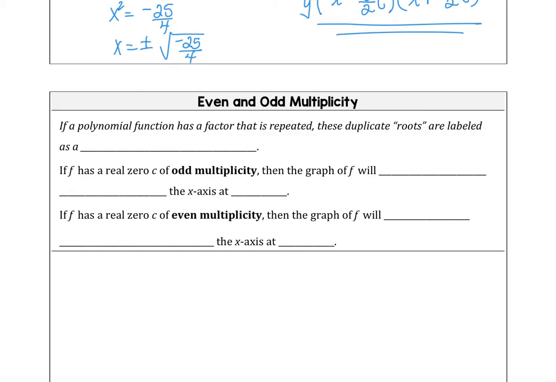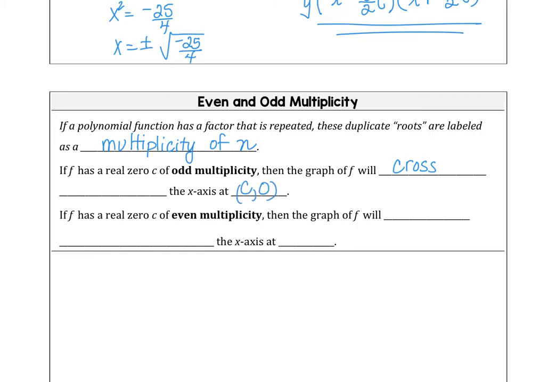One more time, we're going to talk about even and odd multiplicity. If a polynomial function has a factor that's repeated, these duplicates are labeled as multiplicity of n. We saw that in the last lesson where the zeros occurred. If a function has a real zero at c with odd multiplicity, the graph of the function will cross the x-axis at the point (c, 0).